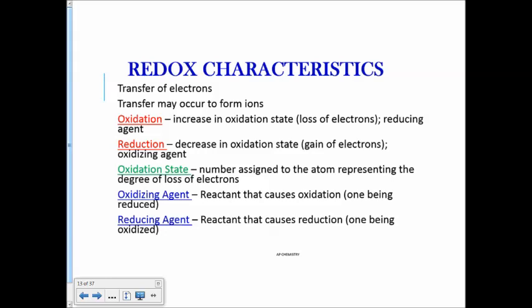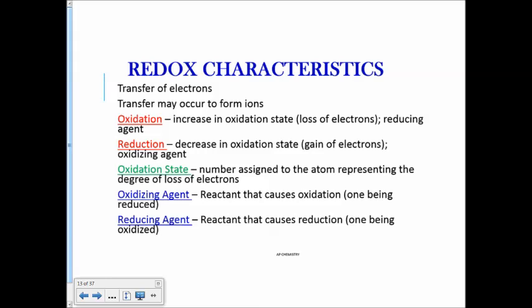And we're going to move quickly through assigning charges here, and I will go through the oxidation numbers. They're listed there on your sheet for you, so you do not need to write them down.